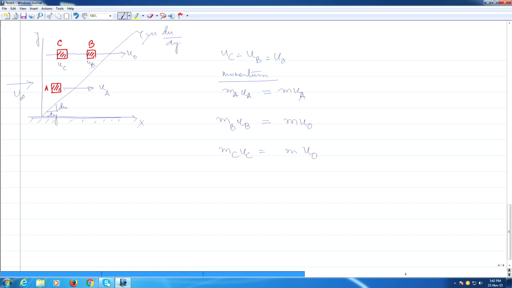Now, when that happens, the momentum of this particle is M times UA, and the momentum of these particles is M times U naught. Let's put some height here: say this is H1 and this is H2. As we go from H1 to H2, there is a change in the momentum.